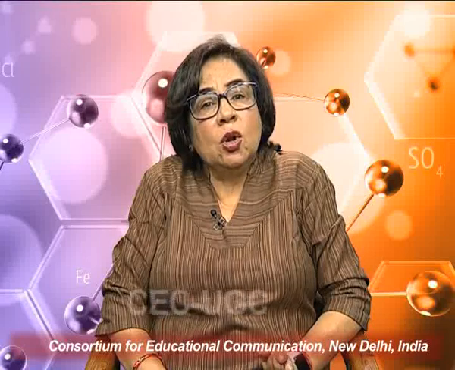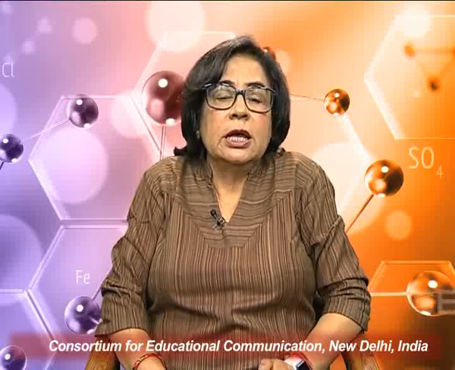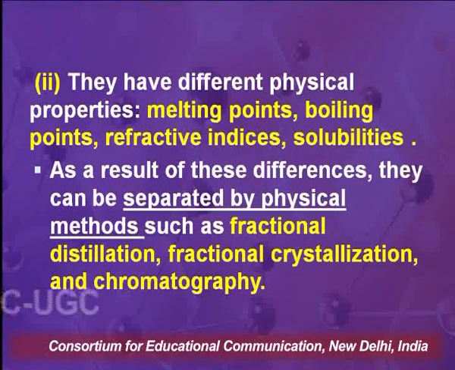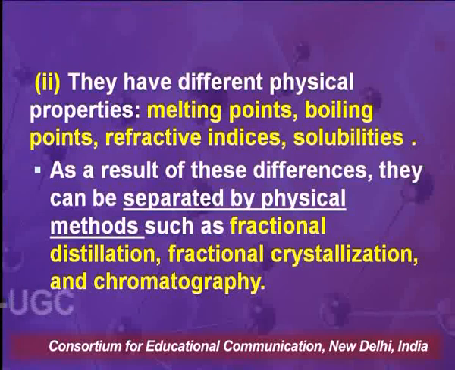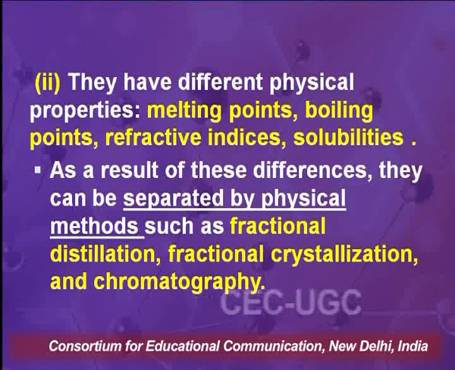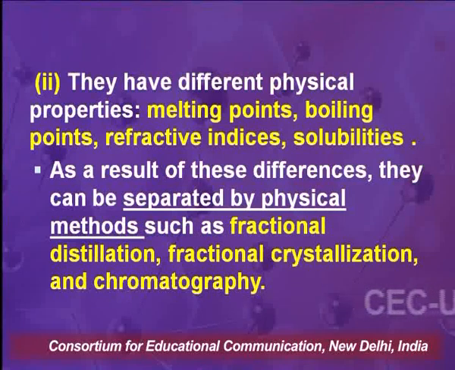Since their configuration is different at at least one chiral carbon, their physical properties such as melting points, boiling points, refractive index and solubilities will be different. Because of this, they can be separated by fractional distillation, fractional crystallization and chromatography.